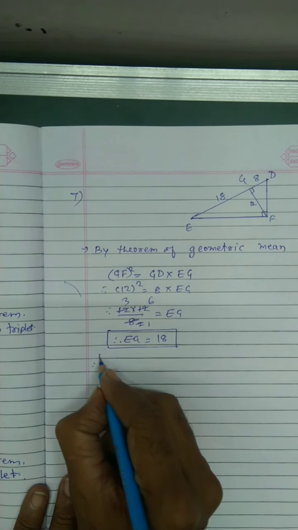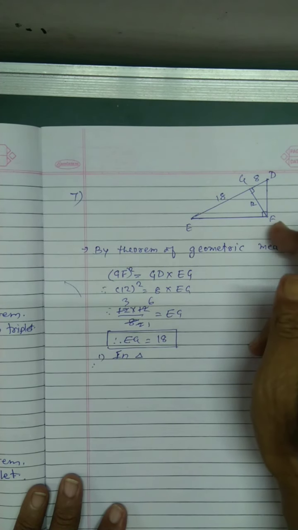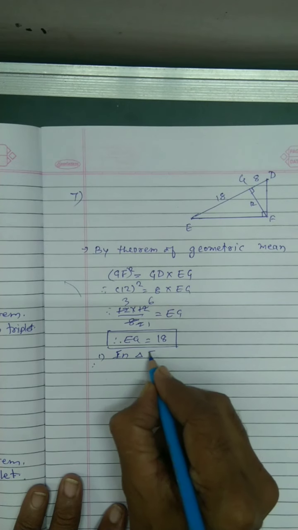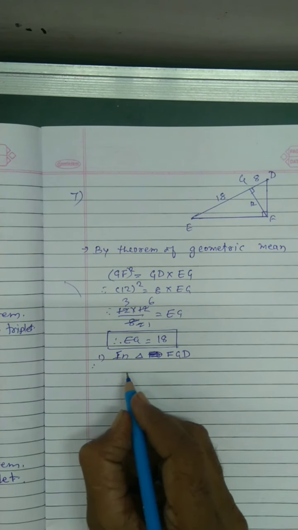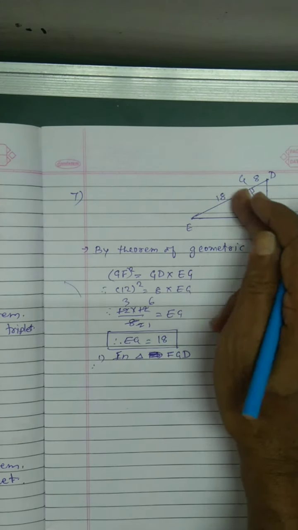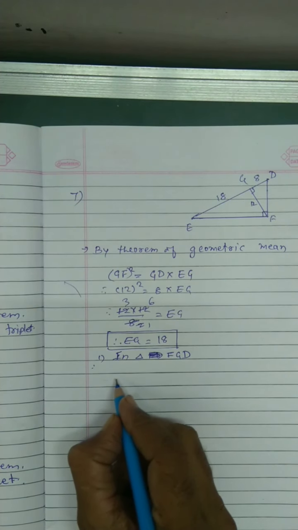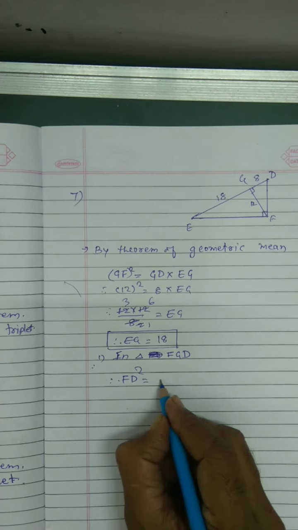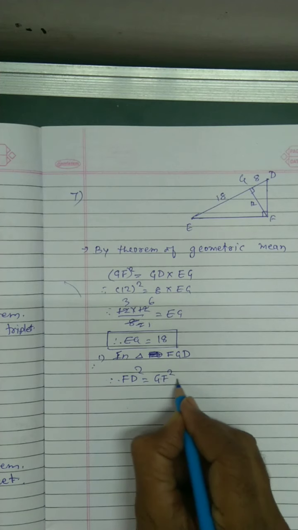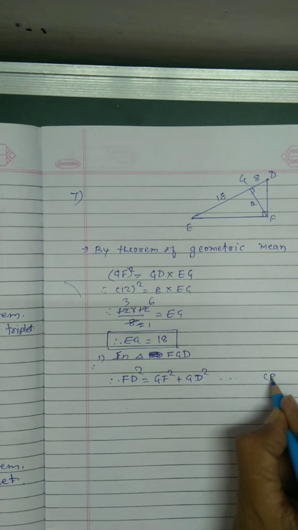Hence first, in triangle FGD, FG square plus GD square is equal to FD square. That is by Pythagoras theorem. Hence first I write FD square is equal to GF square plus GD square by Pythagoras theorem.